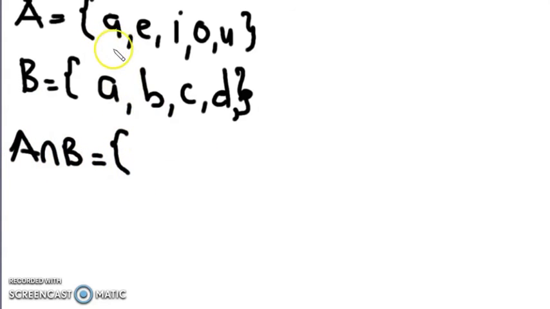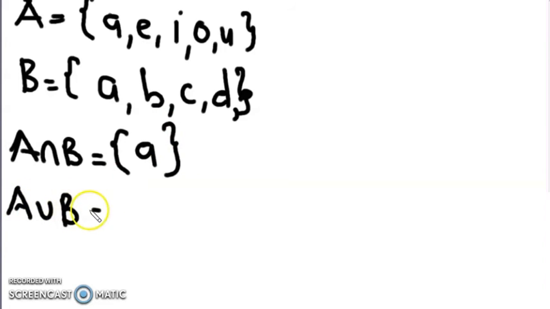So we write A. E is here, E is not in set B. I is here, I is not in set B. Same applies to O and U. So in this case, A intersection B is just the element A.